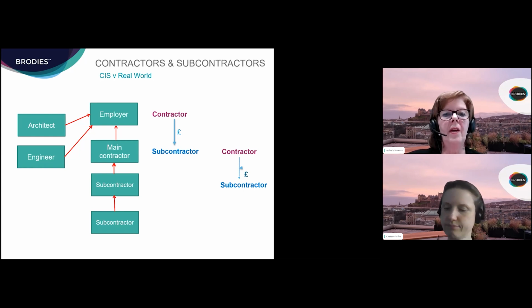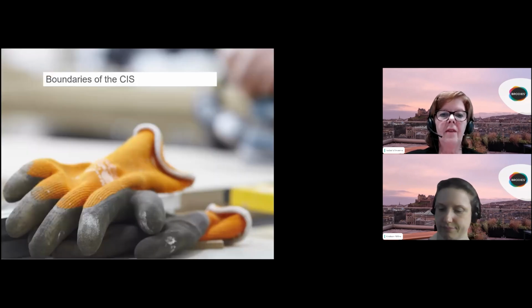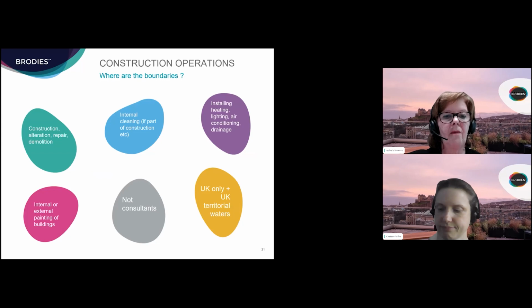Okay, so moving on, the boundaries of the CIS are probably much wider than people might imagine. Kirsty mentioned repair and demolition, which are construction operations, but other surprising things, internal cleaning can be if it's part of the construction service.